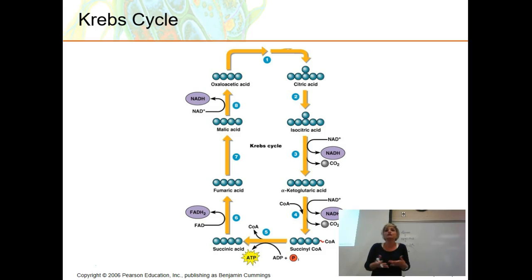Well, that hydrogen doesn't just magically appear. We get that hydrogen as a byproduct from the Krebs cycle. So these hydrogens that we're about to talk about come from a byproduct of the Krebs cycle.